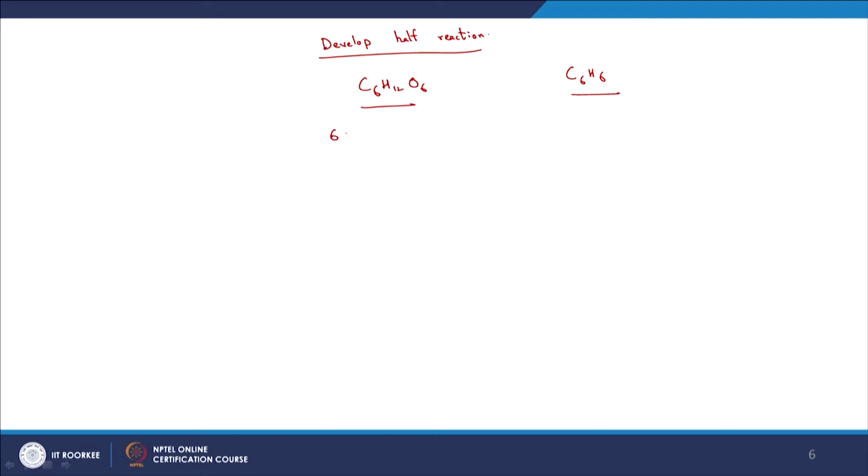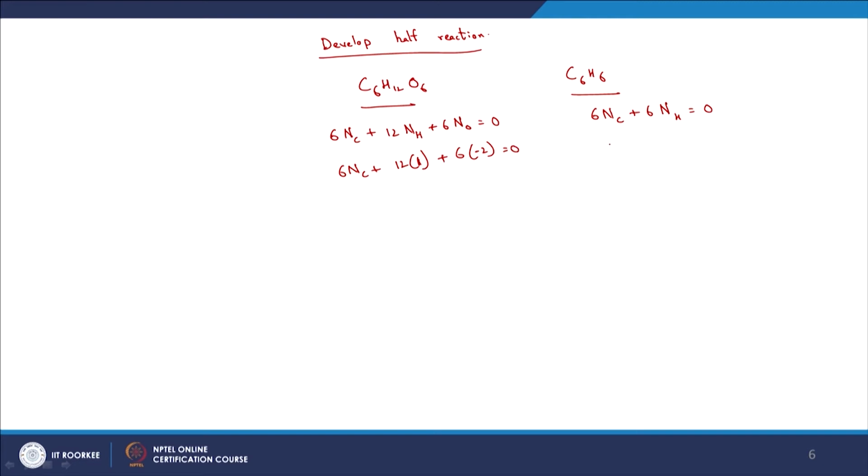People can do it in a relatively simpler manner, but let me write down the basic format. For glucose: 6 times the oxidation number of carbon plus 12 times the oxidation number of hydrogen plus 6 times the oxidation state of oxygen is equal to 0. And for benzene, 6 times the oxidation state of carbon plus 6 times the oxidation state of hydrogen should be equal to 0. So 6 times Nc plus 12 times 1, which we know from our previous knowledge, plus 6 times minus 2 is equal to 0.